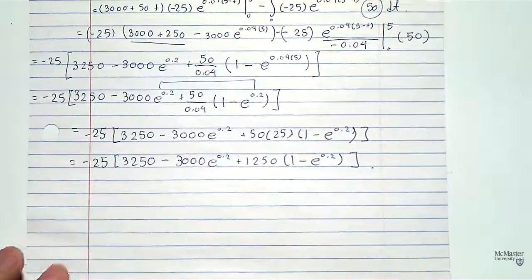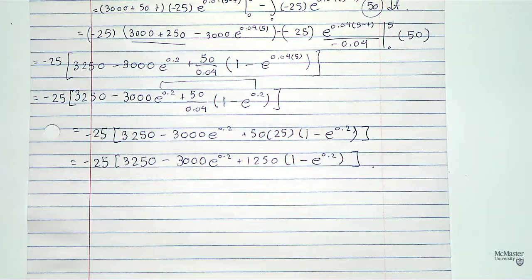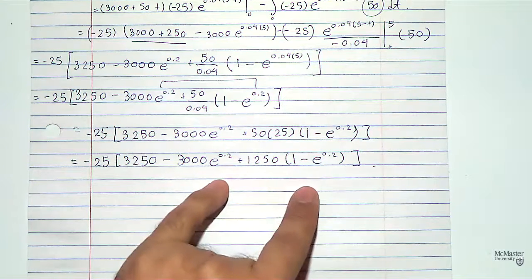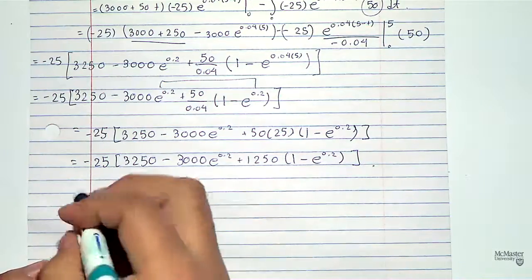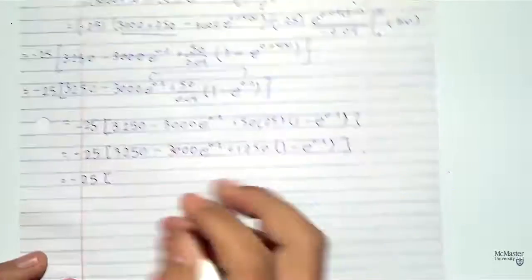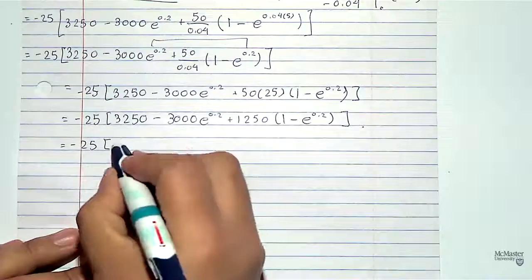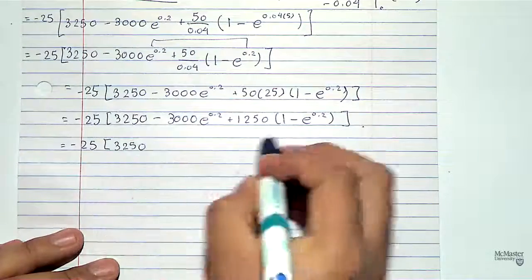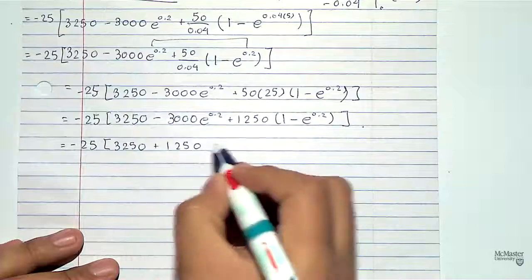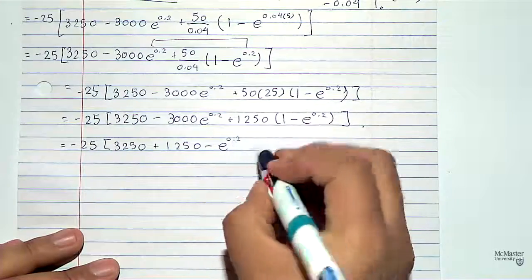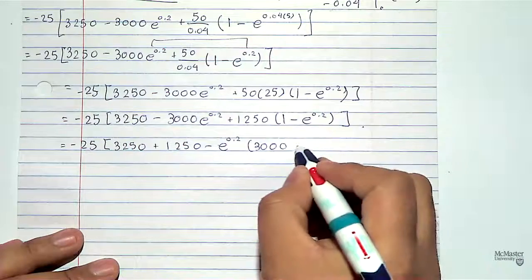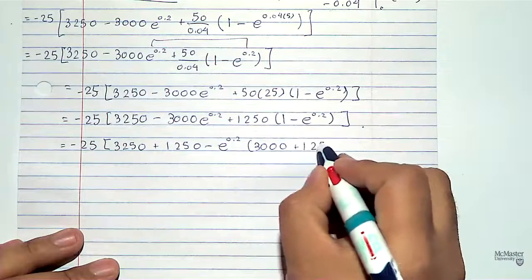At this point, there are 2 more pieces in the cake, which is basically to associate these numbers and then finalize the computation. So I would have minus 25, 3,250 plus 1,250. Then I have a factor of minus in both, exponential of 0.2, and then this is 3,000 plus 1,250.